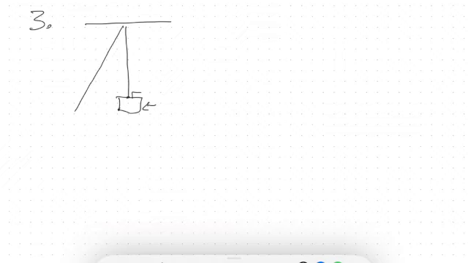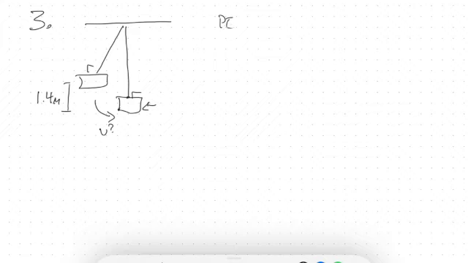The rope is taut, like this. And the rock is at a height of 1.4 meters. If the person lets go of the rock so that it swings back, what is the top speed of the rock? It swings back, and what's the velocity?